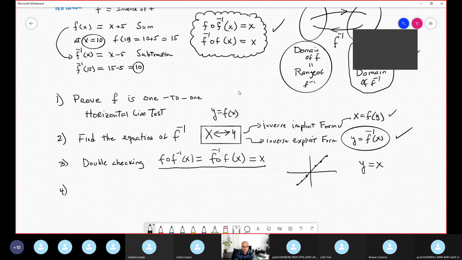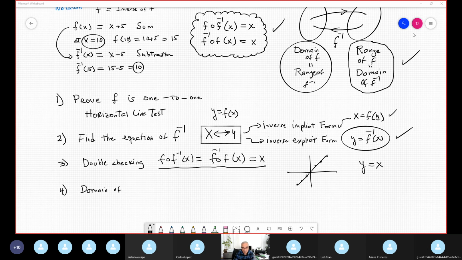Number 4 is the domain of the inverse function. Look at that. Domain of the inverse function. Okay, remember, it's easy in algebra to investigate the domain, and not easy, not trivial, not elementary to investigate the range.